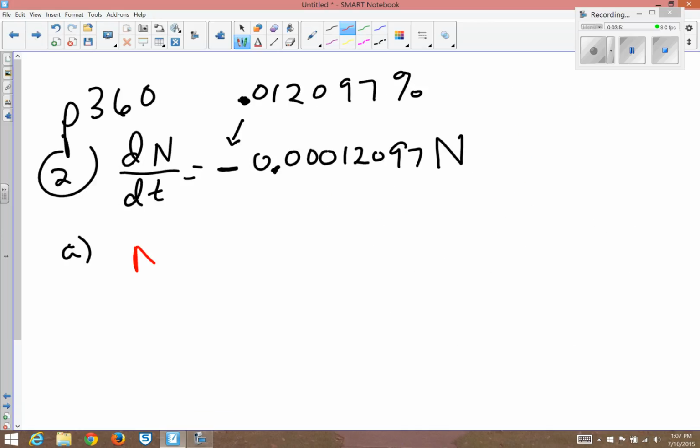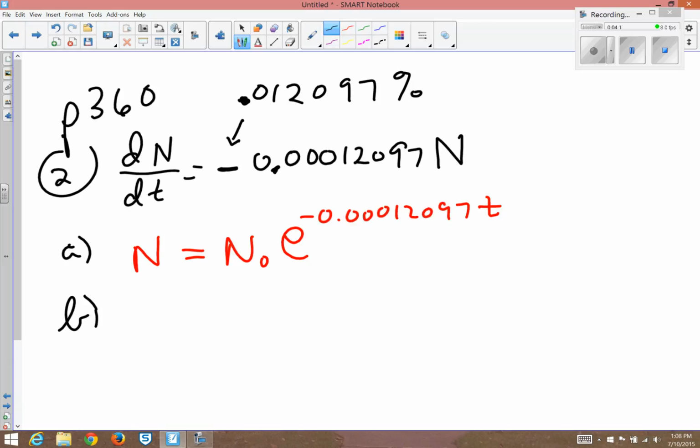So N, that means amount of carbon-14, equals N sub 0 times e to the kt. k is this number in front of N up here, negative 0.00012097. That's the answer to part A.